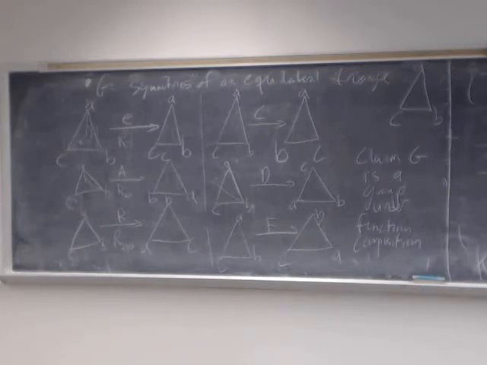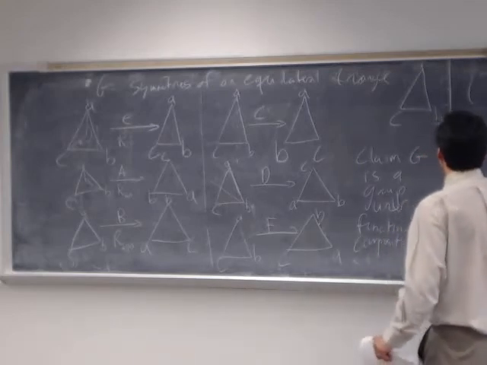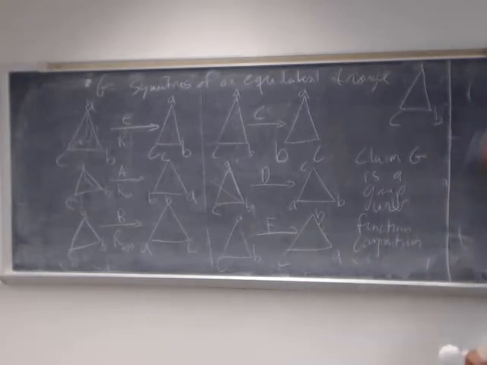Okay, so we need to be careful. You might remember from pre-calculus that the order you compose functions makes a difference. If you have a function f of x equals x plus 1 and g of x equals x squared, f circle g might be different from g circle f. So we have to be careful how we define the order of the multiplication in this group.